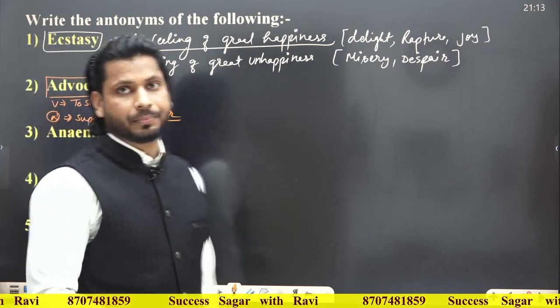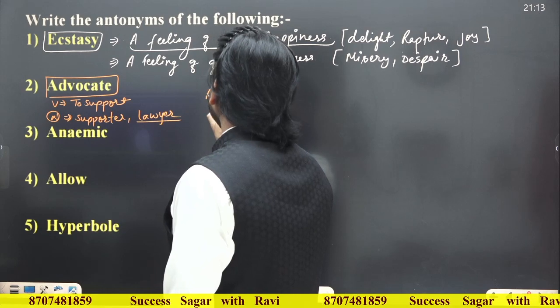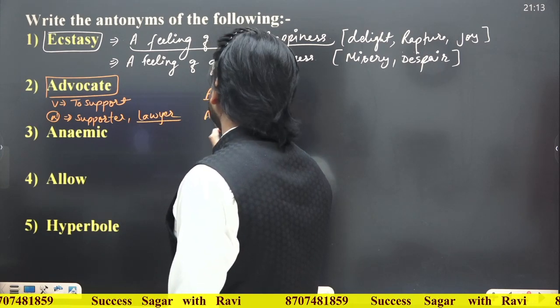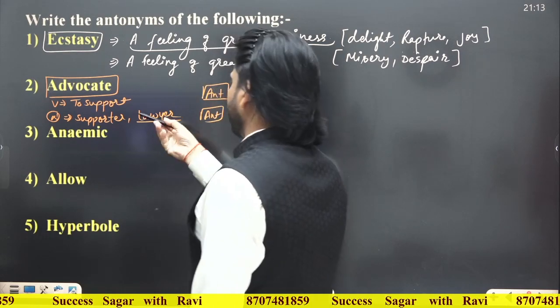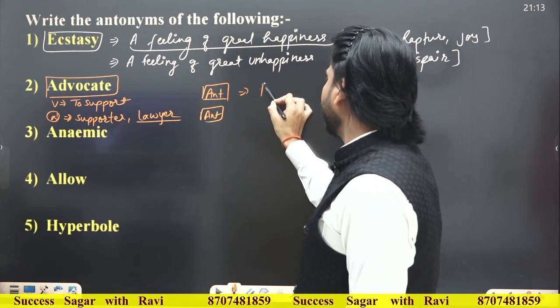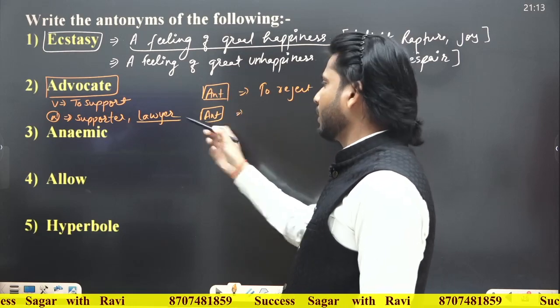Advocate as a verb, to support. So what about antonym? Here it is noun. Antonym we are talking about. So support. Opposite word would be to reject. What about antonym as a noun?